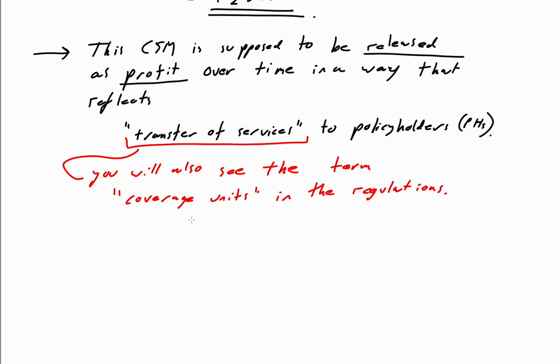This is a way of mathematically turning this concept into something you can apply in figuring out how the CSM releases over time. I'm not going to say any more about that just now. I'm just going to keep going with our example.